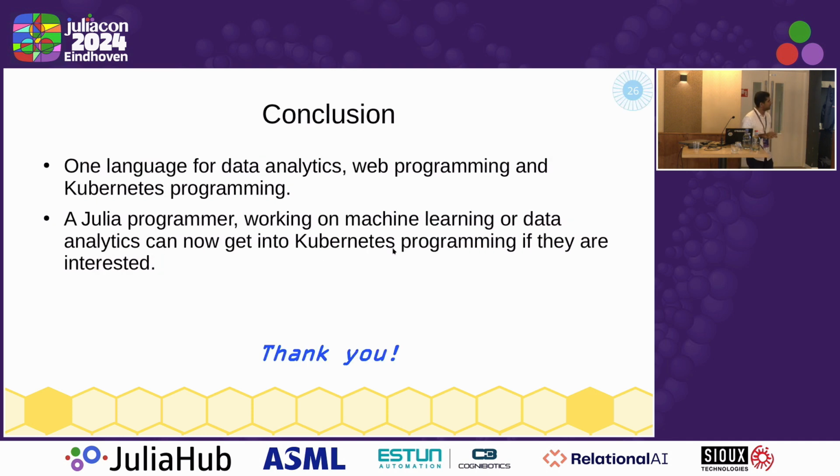So in conclusion, having a Julia programming interface to Kubernetes is great because you now have one language for your data analytics, your web programming, as well as Kubernetes programming. So if somebody wants to get into Kubernetes programming and they are familiar with Julia as a machine learning or data analytics language, they can now start using Julia for Kubernetes. Thank you.